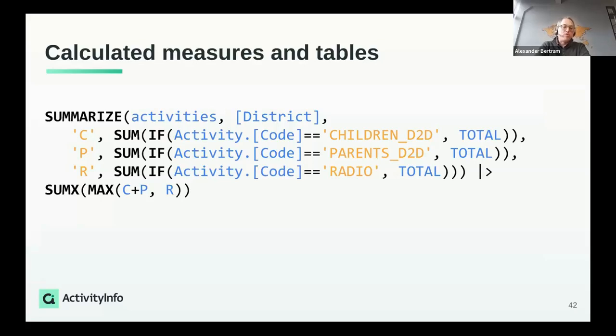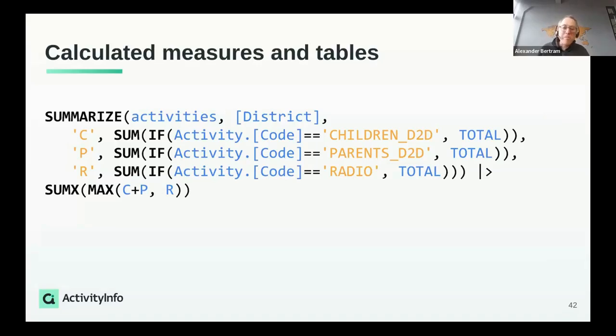So people are going door-to-door to promote back to school, for example. But at the same time, they're doing radio commercials also to promote back to school. And in this case, both of these activities might be taking place in the same locations, and you don't necessarily want to double count. Just add up these two numbers, because then somebody who's received a door-to-door visit and heard, like, included in the estimate for the radio coverage, they'd be counted twice.